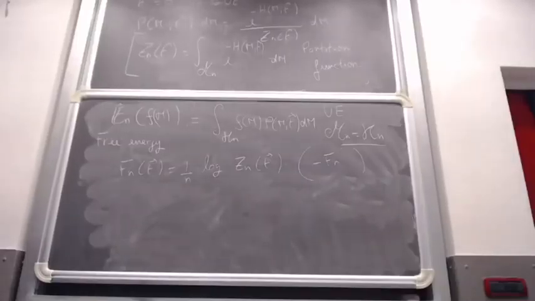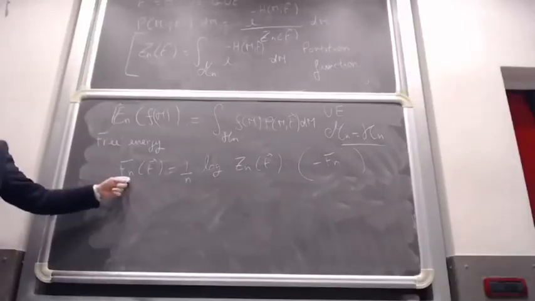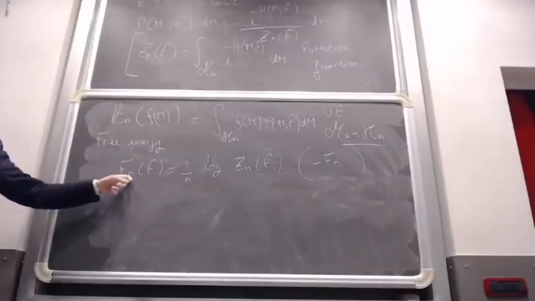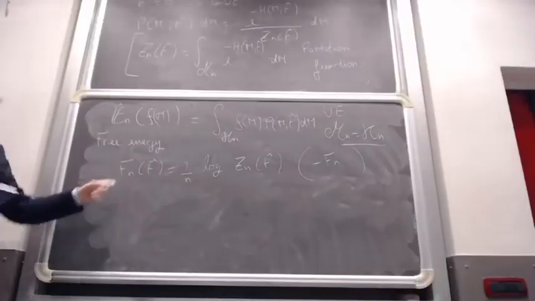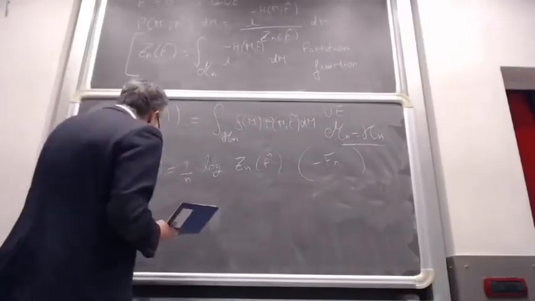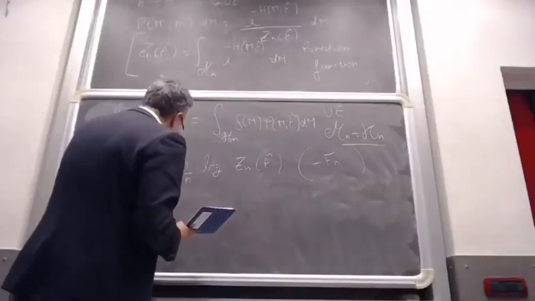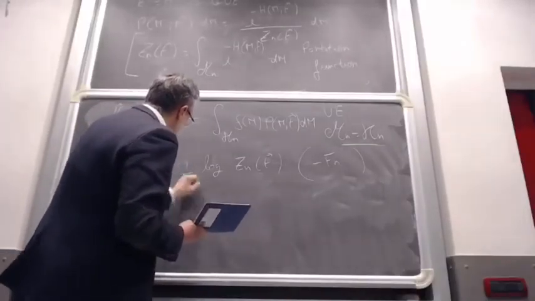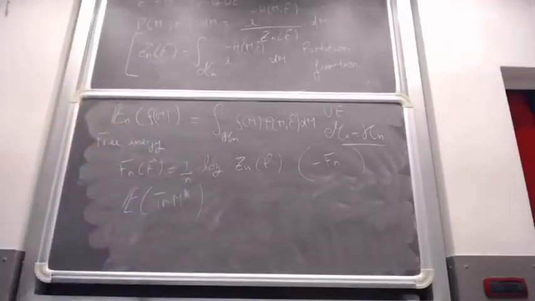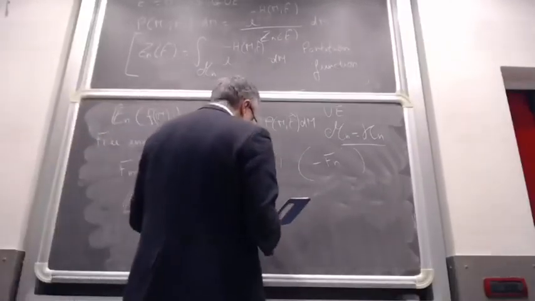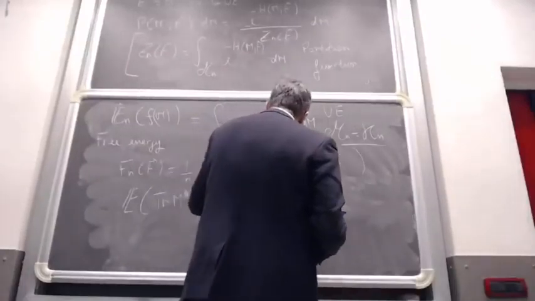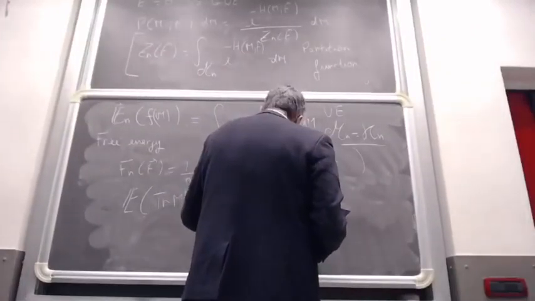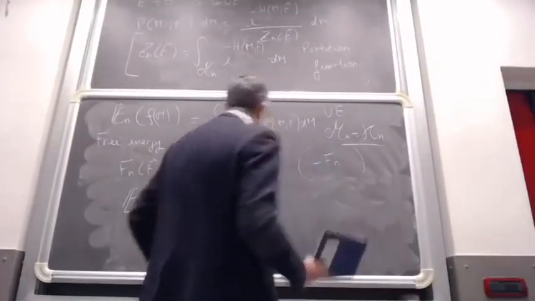So the expectation value, for example, of the moments, the traces, the trace of m to the power k for some k, will be equal to n times the derivative of Fn by tk.